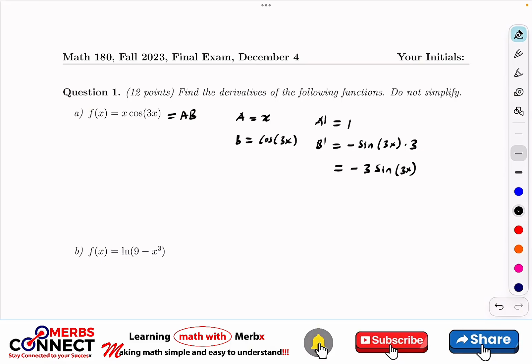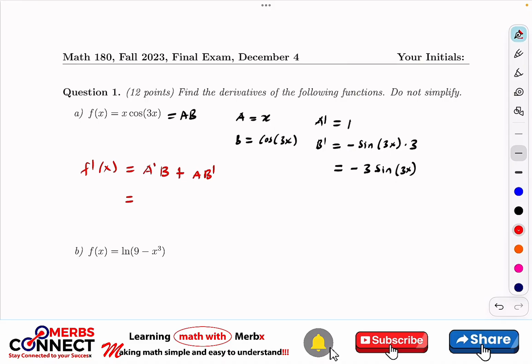So we know that the product rule says that if I have two values, A and B, then I'm going to have my f prime of x equal to A prime B plus A B prime.